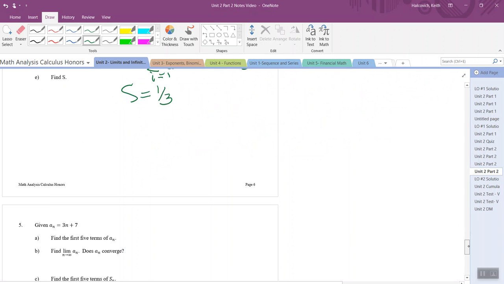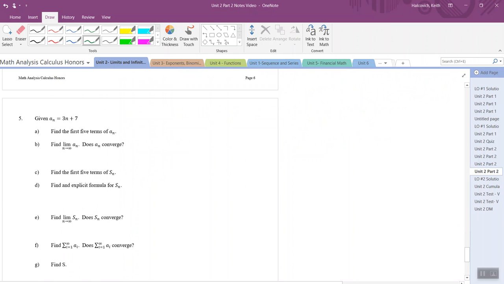All right. So looking at number 5, this is actually arithmetic. So the first 5 terms, we get 10, 13, 16, 19, 22, because you're just going to add 3 every time.